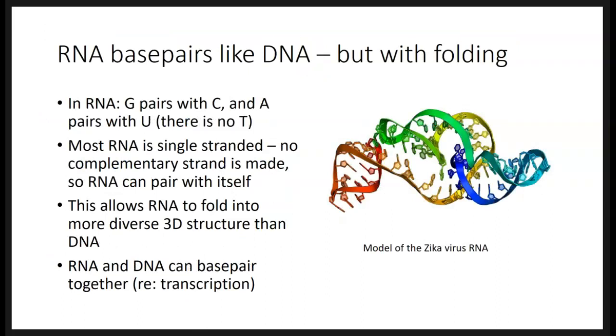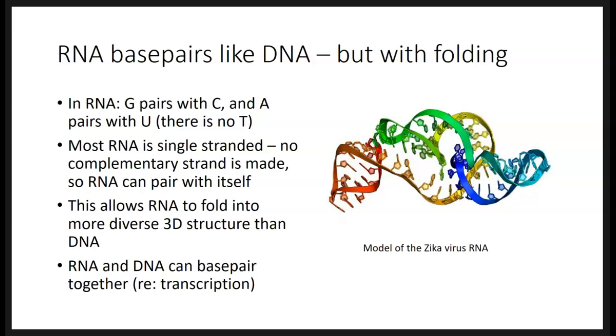So these two properties of RNA create a little bit different behavior of RNA inside of cells. Right? So in RNA we have G that pairs with C and A that pairs with U. There's no T. The other important thing is that most RNA is not formed as a double helix. It's single-stranded. So there's just one molecule of RNA, and there's no complementary strand made.